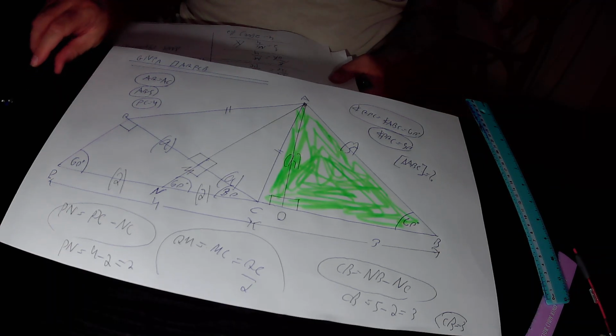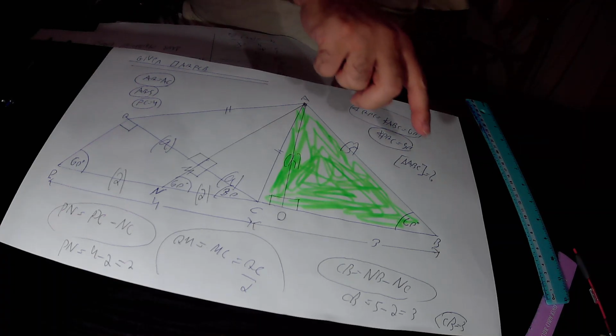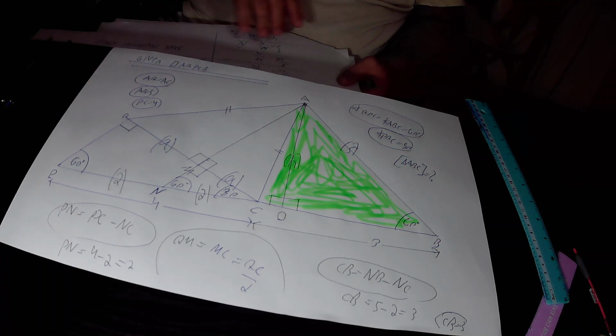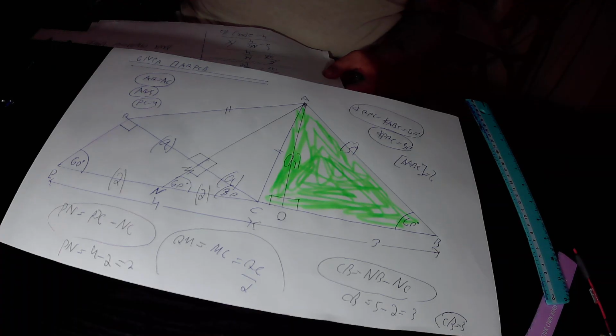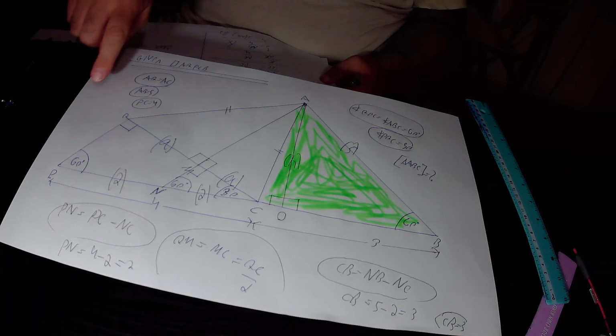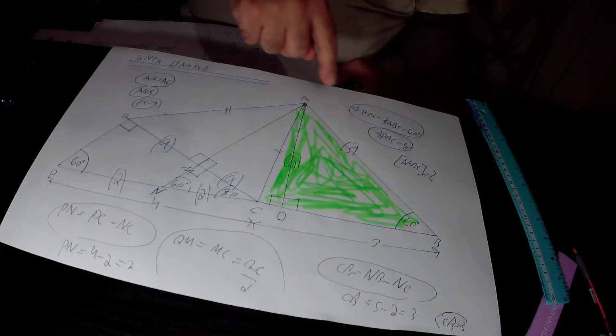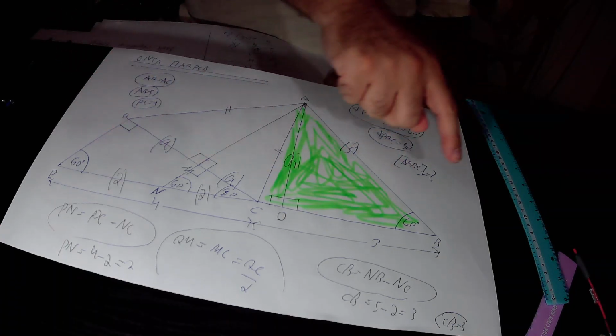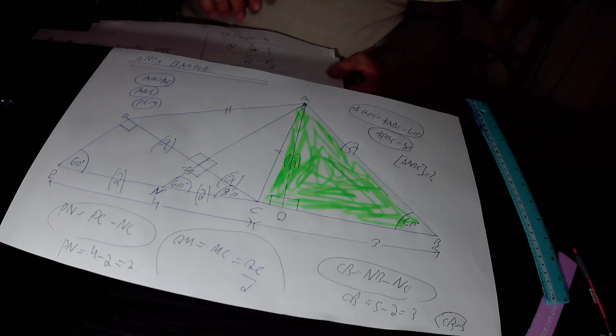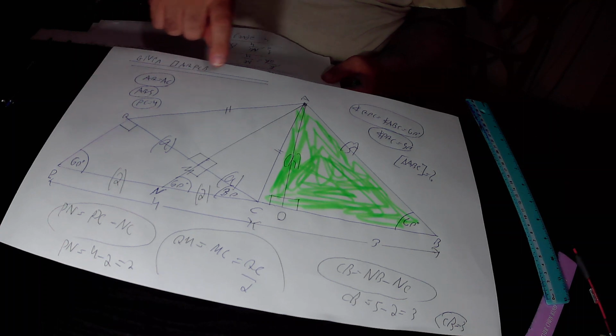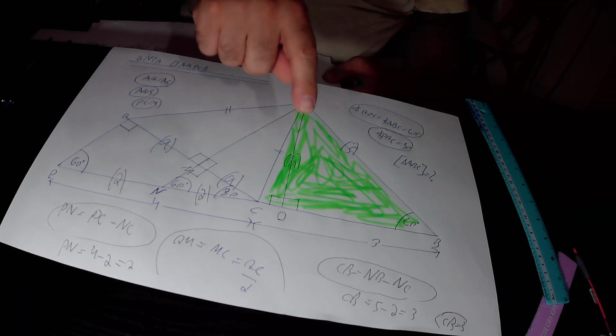In this lecture, our task is to find out the area of this green triangle, triangle ABC. So in the drawing, we have quadrilateral AQPCB. This is the big quadrilateral AQPCB. You know that AQ equals to AC.